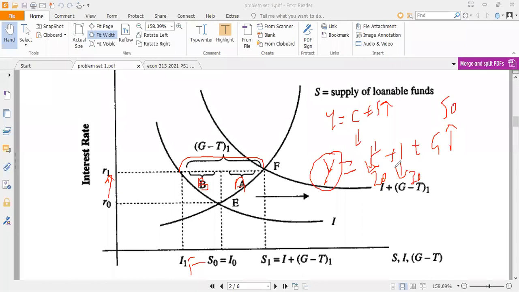If you have excess supply of bonds, the price of bonds will fall, and I'm sure you know there's an inverse relationship between the interest rate and the price of bonds. So the price of bonds will fall, and then the interest rate will go up. That is why we are seeing an increase in interest rate.